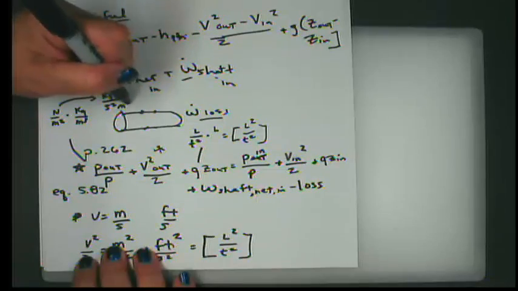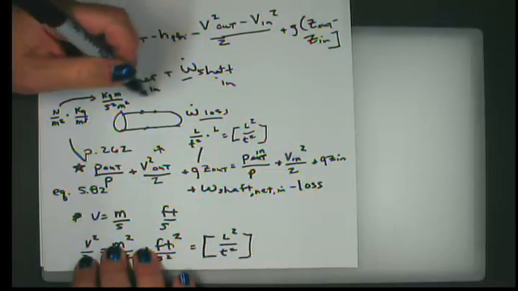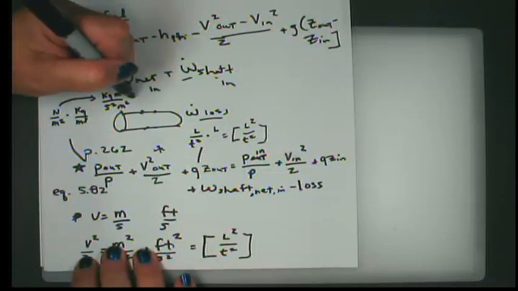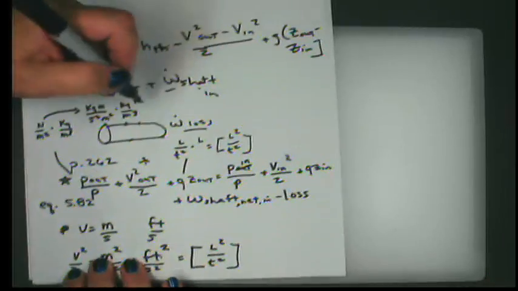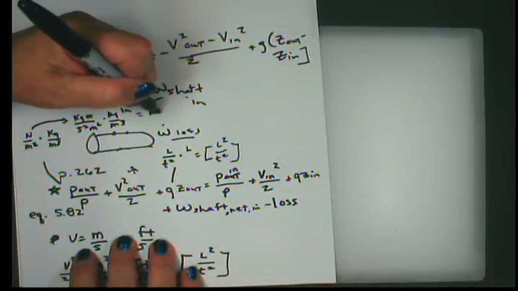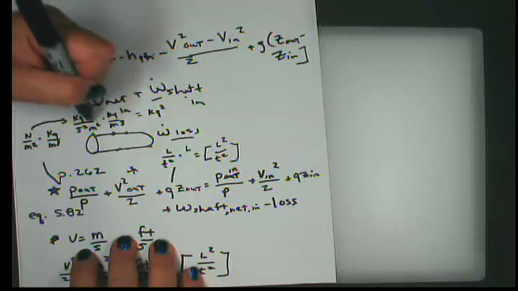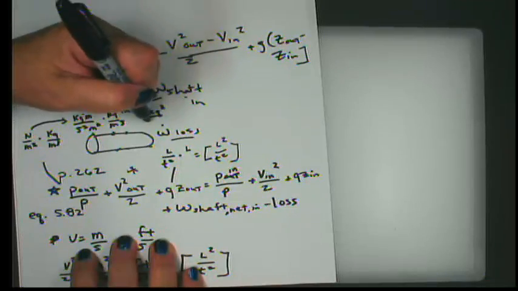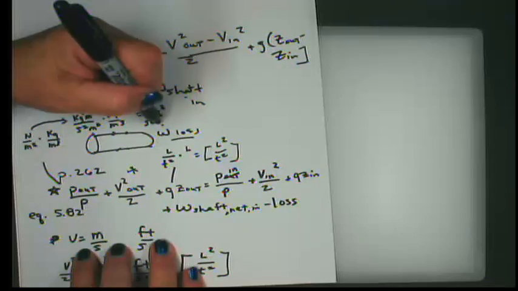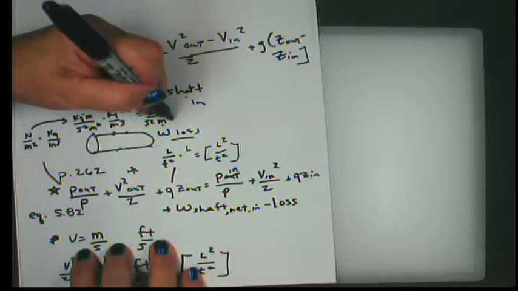So we've got that per meter squared. And then we have a kilogram per meter to the third. So we have kilogram squared, this meter cancels one of these, per second squared meter to the fourth.